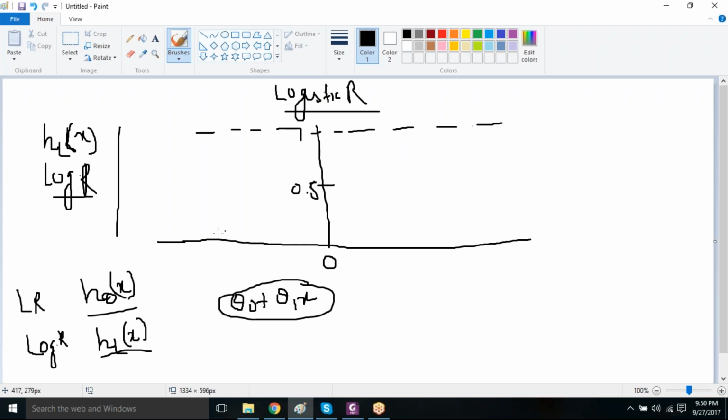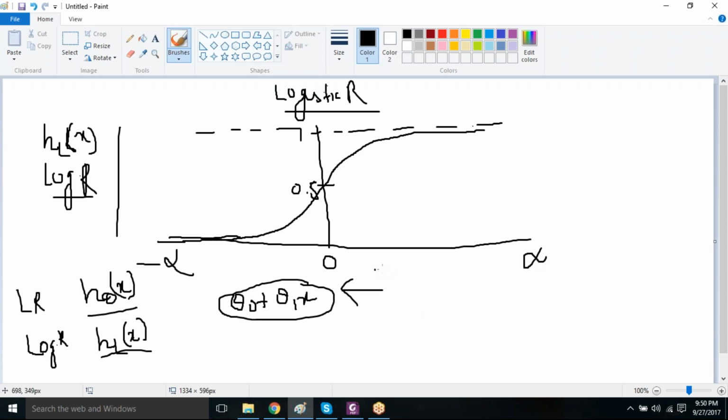So no matter how big your value of this goes, it will saturate here, and here there will be a curve, and then it will again saturate on this side. So this is minus infinity and this is infinity.